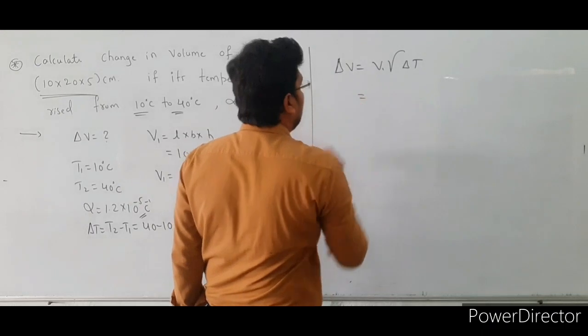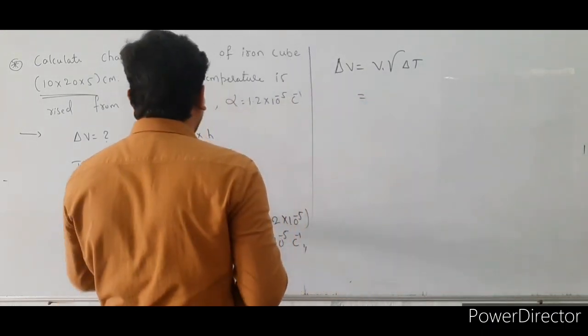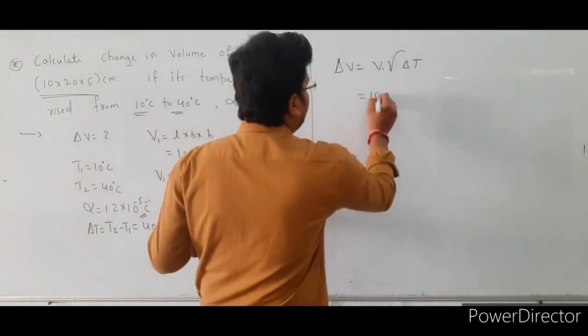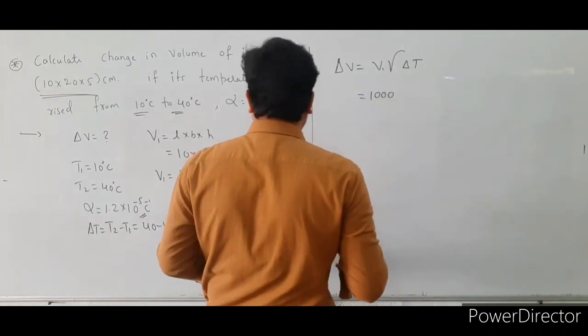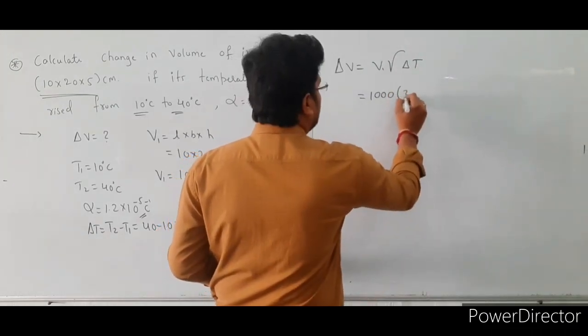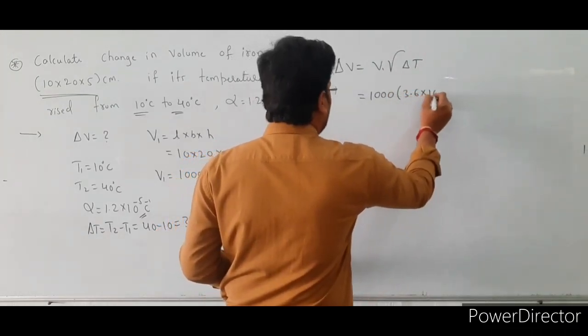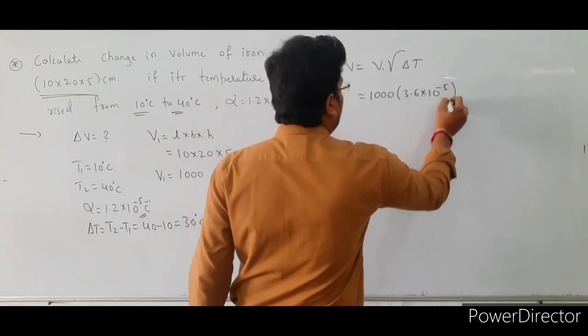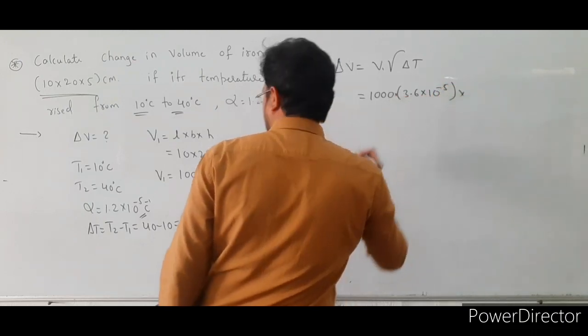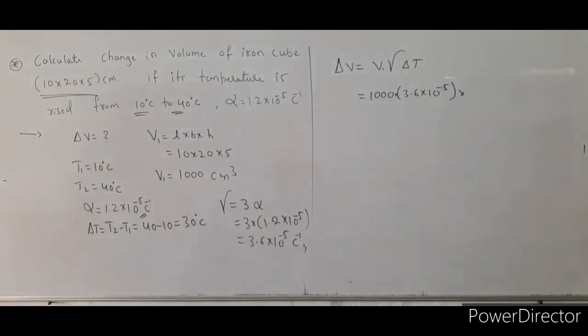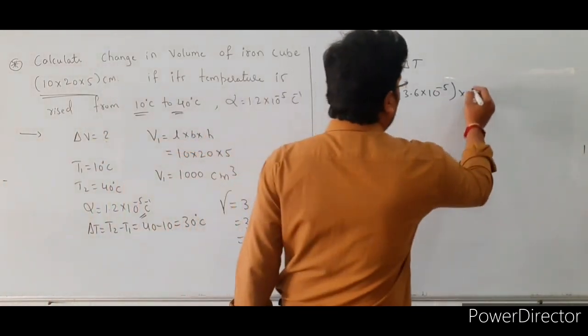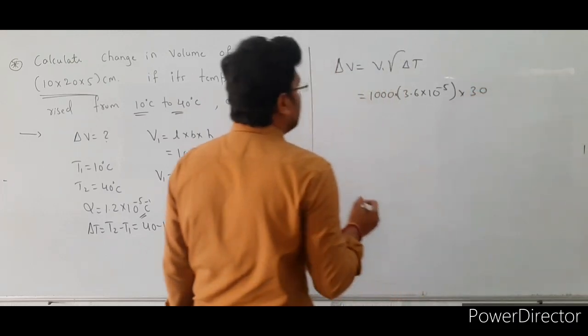Then the change in volume is equal to the initial volume, 1000, times the gamma value, 3.6 × 10^-5, times the change in temperature, 40 minus 10, which is 30. The change in temperature value is 30.